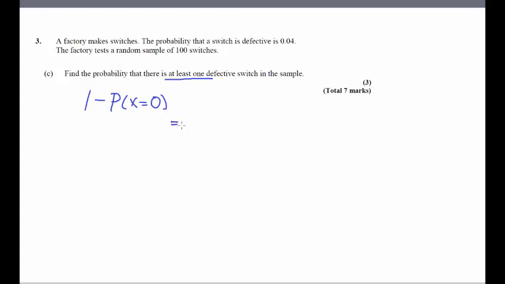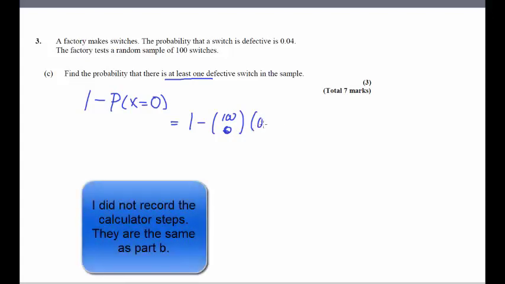And so we have 1 minus, and then I'm just going to write out the formula. Again, showing your work, you can write out the formula, but then the work is all done in your calculator. So out of our 100 switches, we want 0 of them to be defective, and 100 of them being okay.